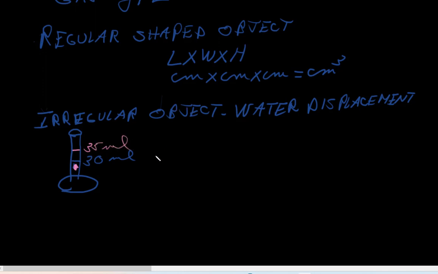So once you start with a known volume of water, put your object in, and the water level is going to go up. So the difference between the two is going to be the volume of your object. So 35 milliliters minus 30 milliliters is going to give you a volume of 5 milliliters.